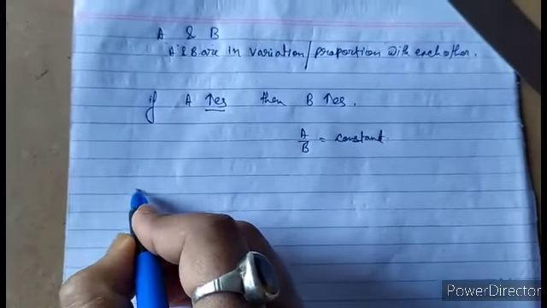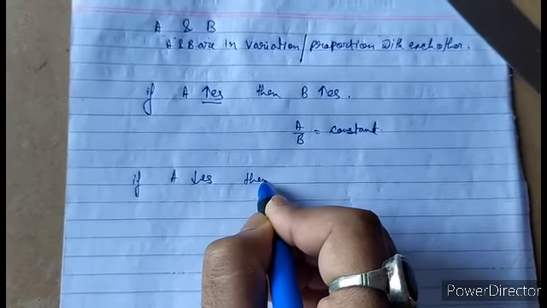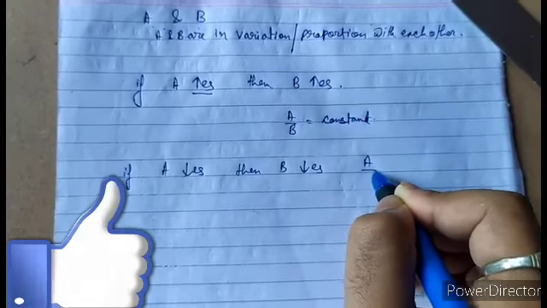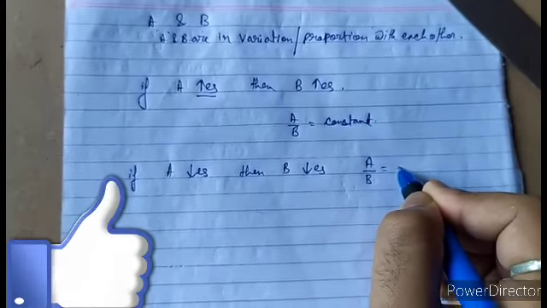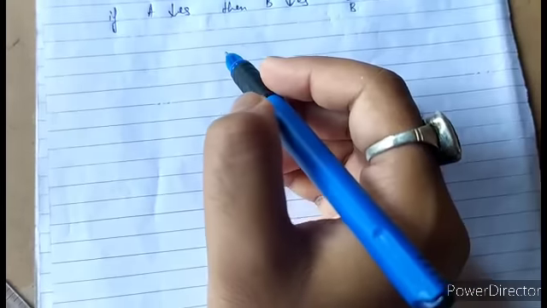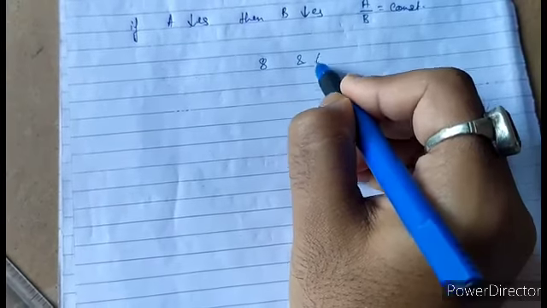And also if A decreases, then B will also decrease in such a way that the ratio A by B is again equal to a constant. We can show this with an example. Take 8 and 6.